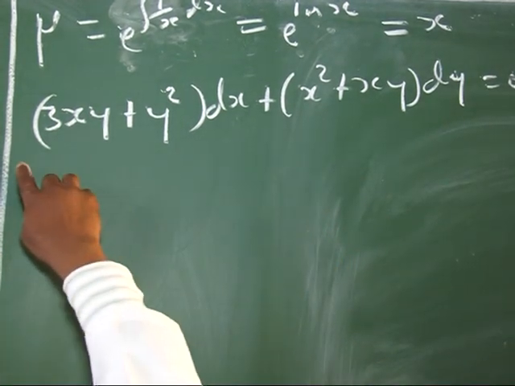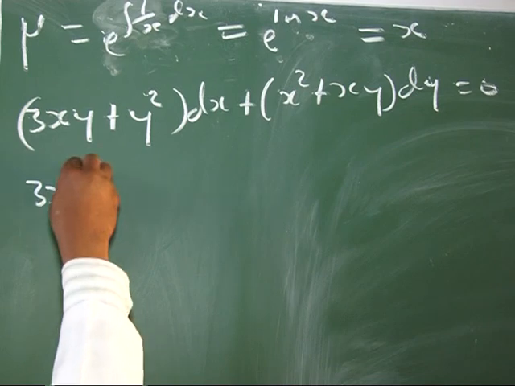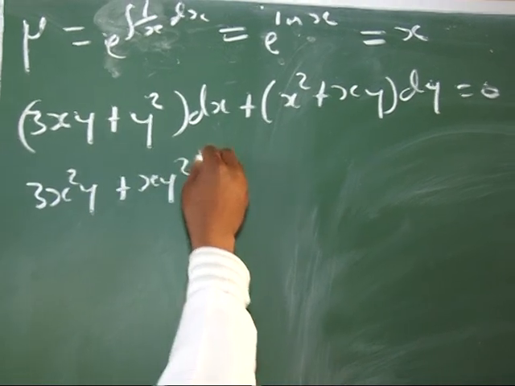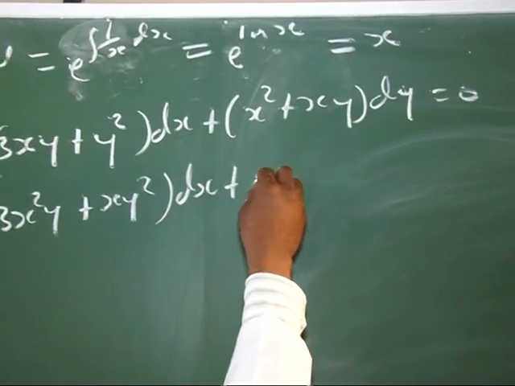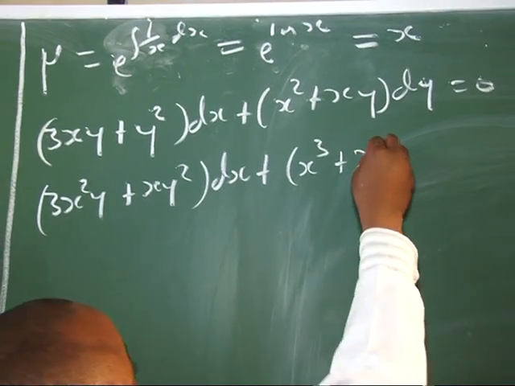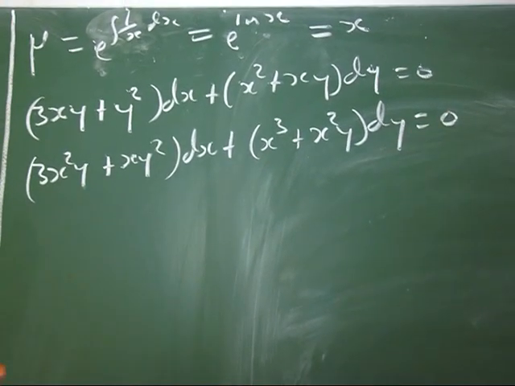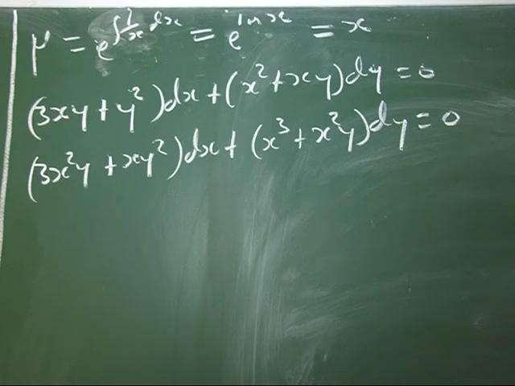Multiplying through by x, we'll have (3x squared y plus xy squared) dx plus (x cubed plus x squared y) dy is equal to 0. We have multiplied the equation by x, which is the integrating factor.